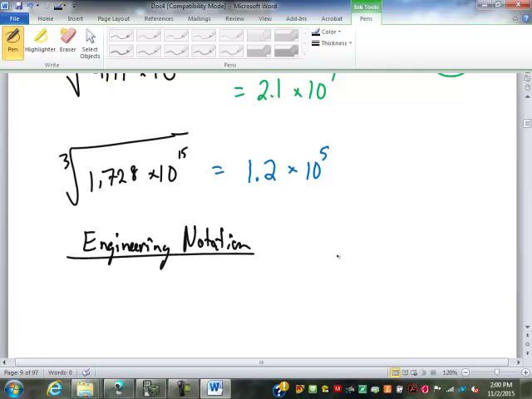One, scientific notation restricts you to exactly 1 digit in front of the decimal point. In engineering notation, you can have 1 to 3, 1, 2, or 3. However, in scientific notation you can have any power on the 10. In engineering notation, that power must be divisible by 3. So 10 to the 3rd, 10 to the 6th, 9th, 12th, whatever, negative 3, negative 6, negative 9.